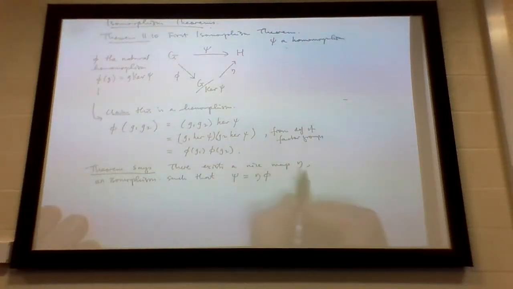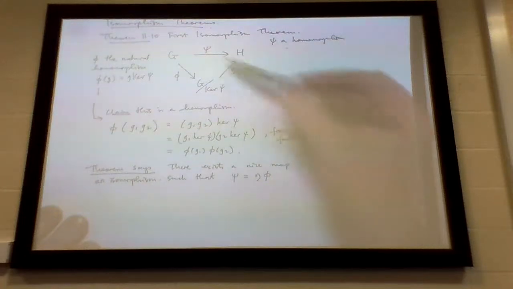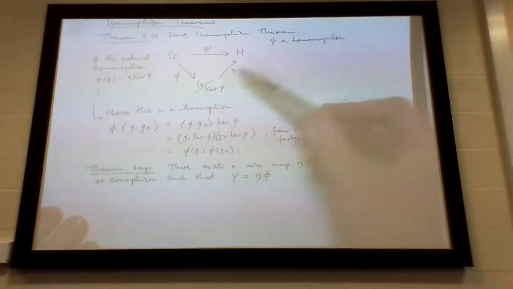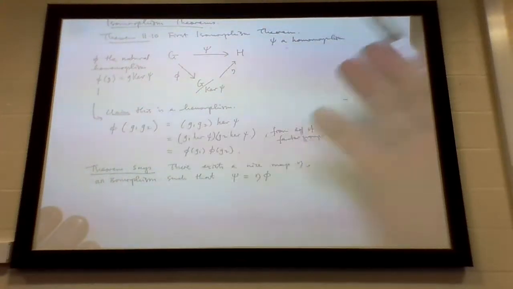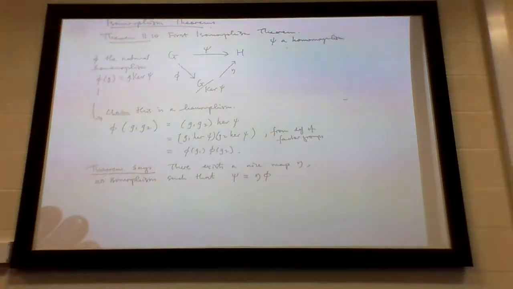So there exists a nice map eta such that the diagram commutes, meaning any route through the diagram is the same. If you start at one point and end at another, and follow different paths, it's the same. That's what we say when a diagram commutes.